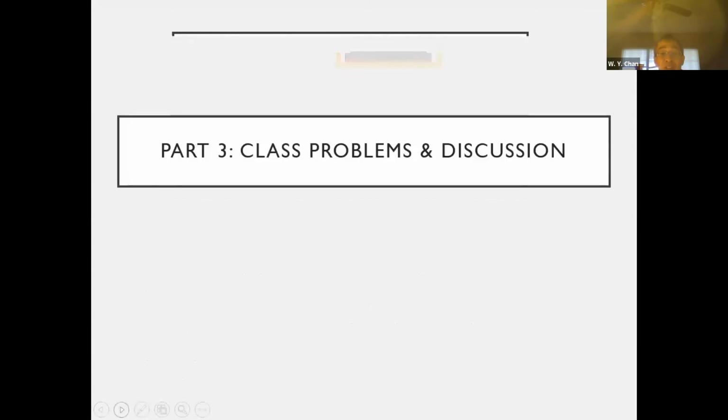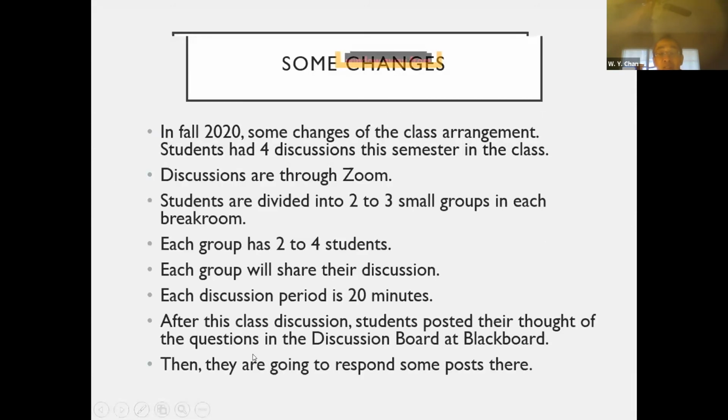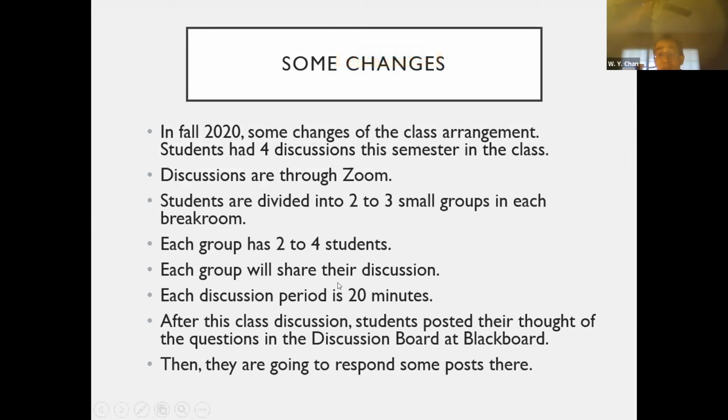All right, these are some changes I made in 2020. About the discussions, because we switched the class online, we are using Zoom. I divide the students into around 2 to 3 groups each time and send them into breakout rooms. I prepare questions for them, and they answer some of my questions during their breakout time, about 20 minutes or 5 minutes.